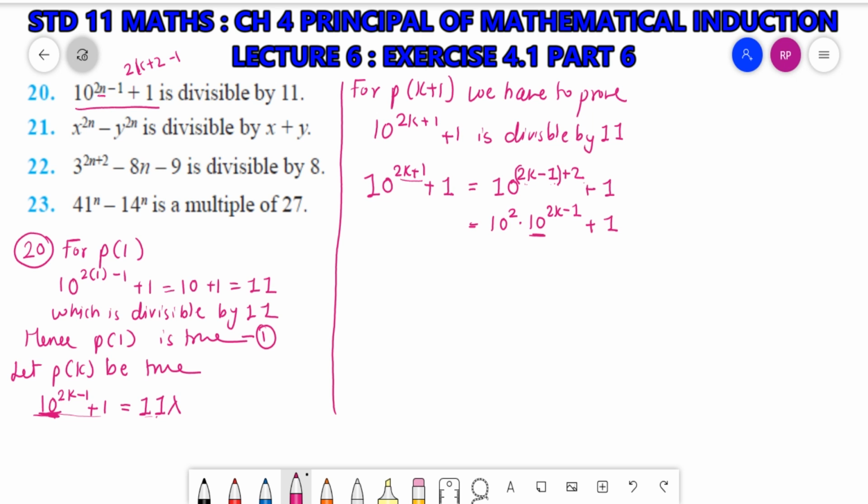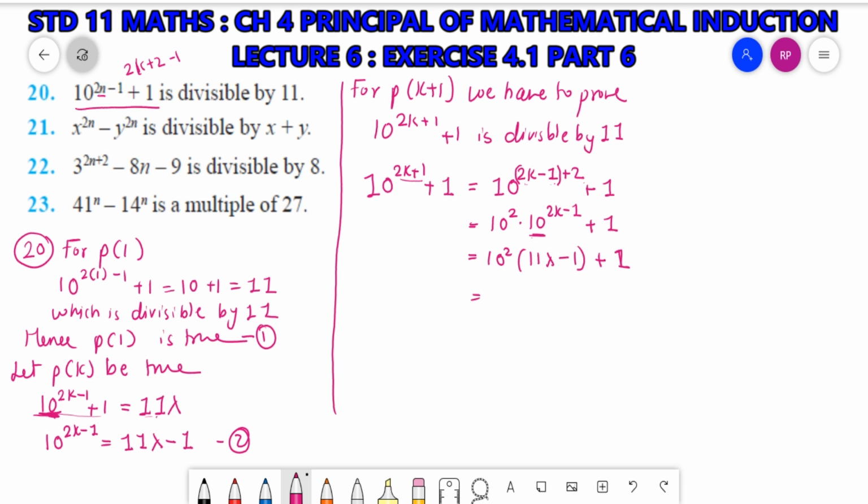What I require here is 10 raised to 2k minus 1, so I will arrange it this way: 10 raised to 2k minus 1 will be equal to 11 lambda minus 1. Now I name it as 2. So now instead of 10 raised to 2k minus 1, I will put 11 lambda minus 1, 11 lambda minus 1 plus 1 as it is.